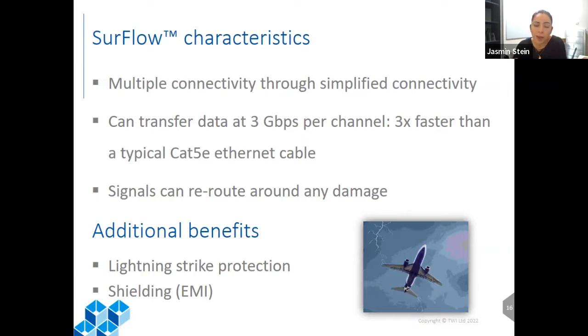And so far, in the work we have done, the data transmission rate is about 3 gigabits per second per channel, which is about 3 times faster than Cat5e Ethernet cable, which is quite high for the industry we are in. Other than that, there are some additional benefits. I did mention the dielectric layer and the conductive layer.